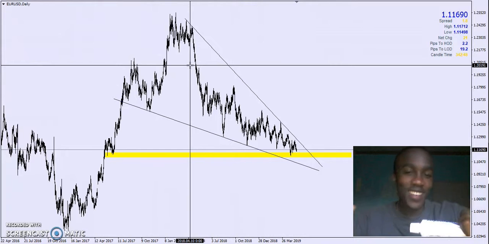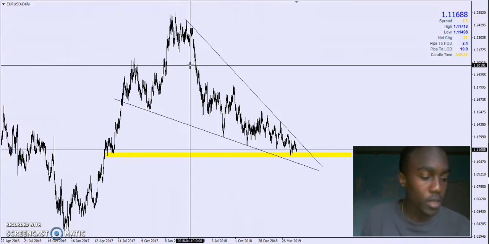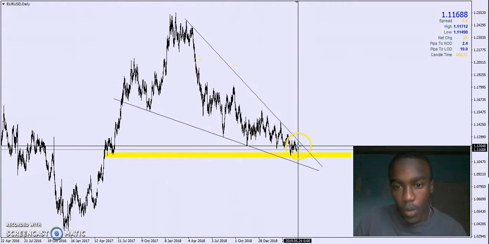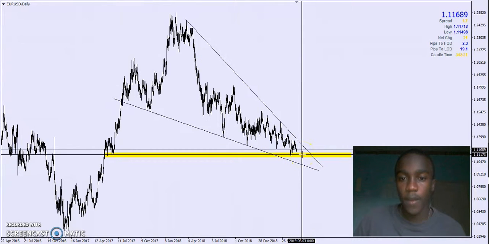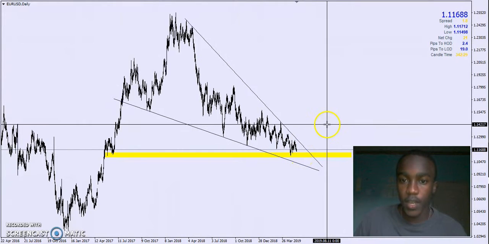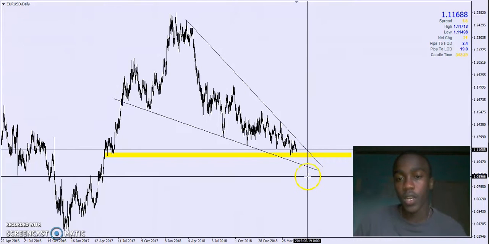We don't want to miss. So I just wanted to dive deeper into the explanation of this pattern. What I just demonstrated will happen within this pattern.